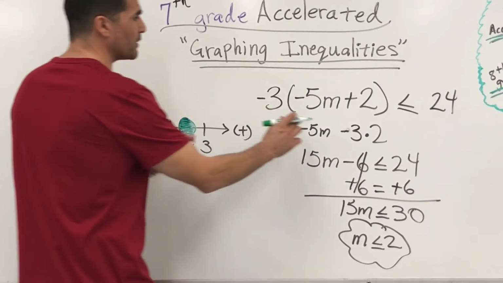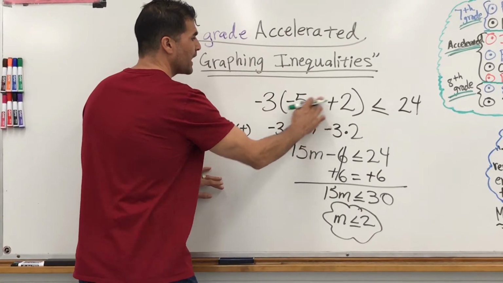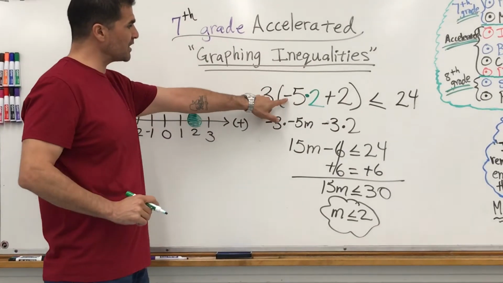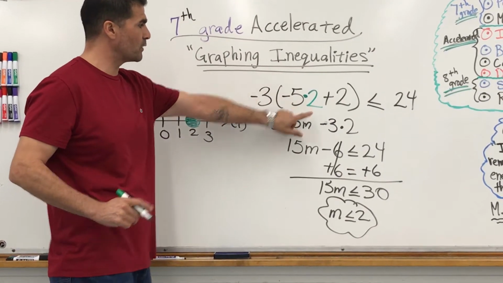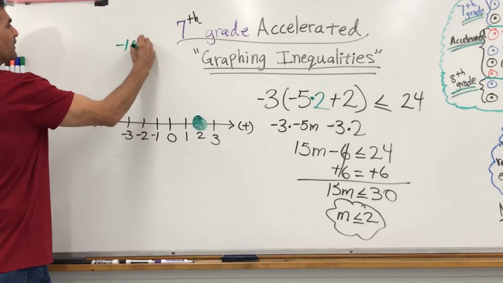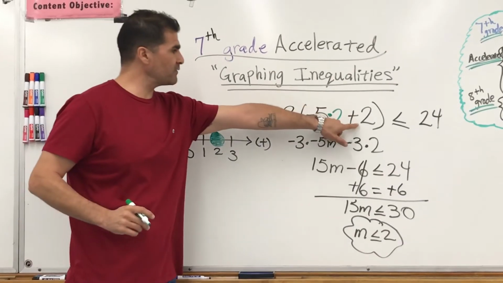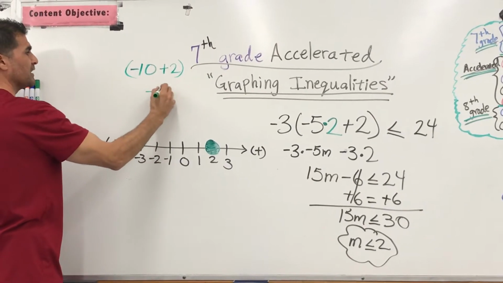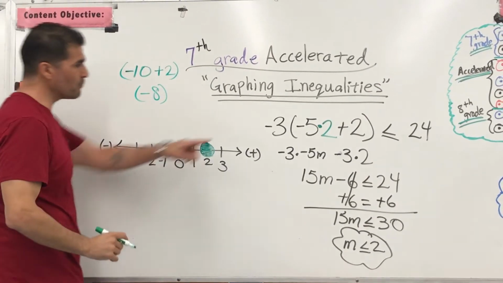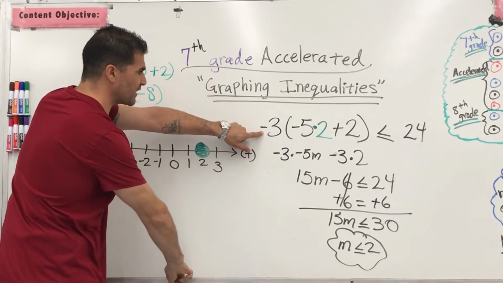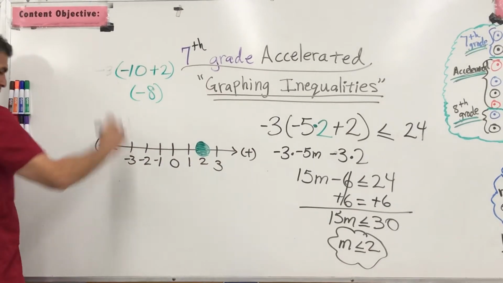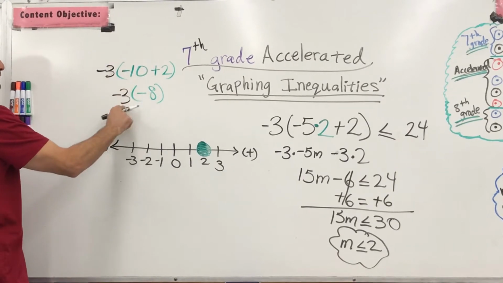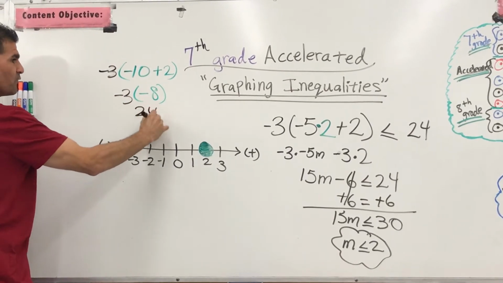See, we want people to know if we take m and we substitute in this value of 2 here, this is going to be -5 times 2. That's going to be a quantity of -10. And -10 plus 2, this is going to give us -8. If we multiply this by this -3 right here, we're going to get -3 times -8, which is 24.